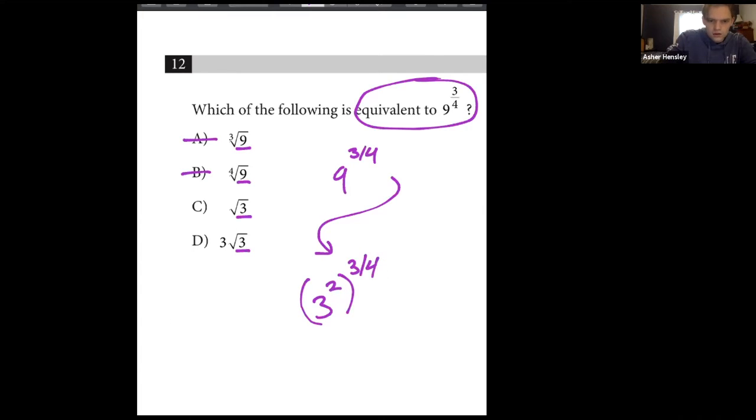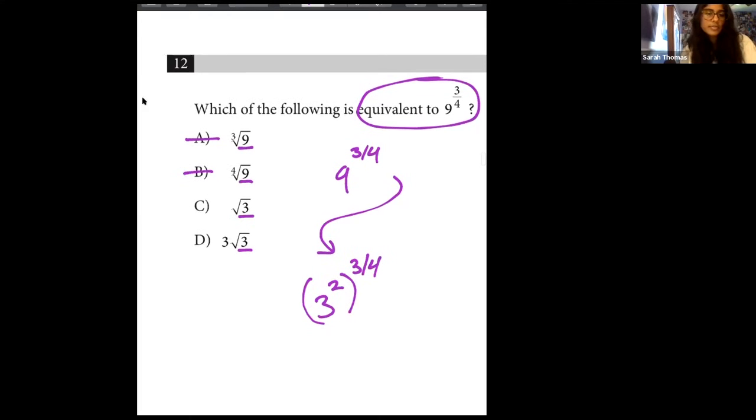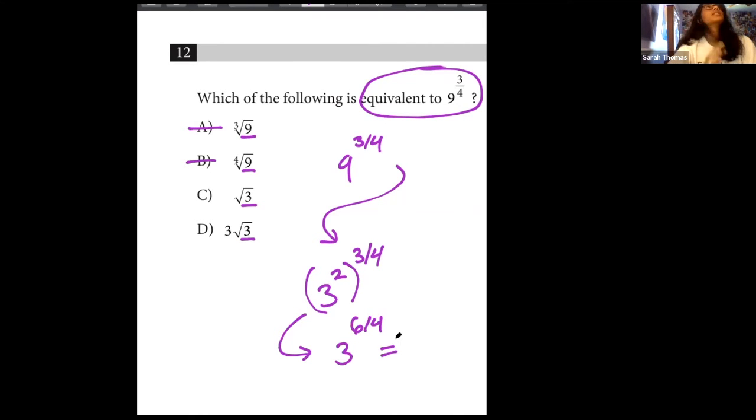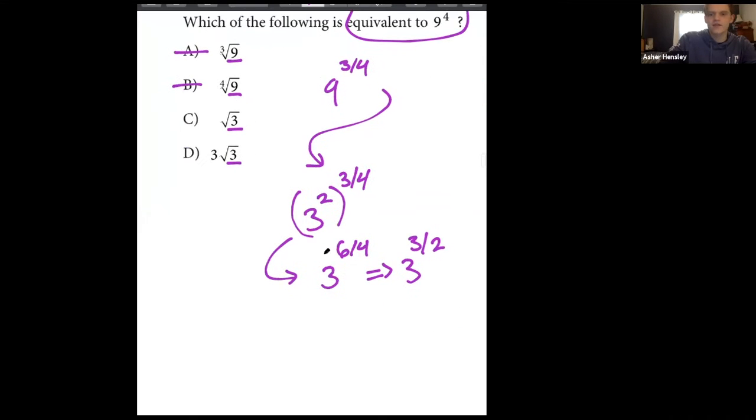And then, Sarah Thomas, at this point, what operation can we do? You want to multiply the exponents. What do we get? You would get 6/4, which then goes down to 3/2. Yeah. Nice.